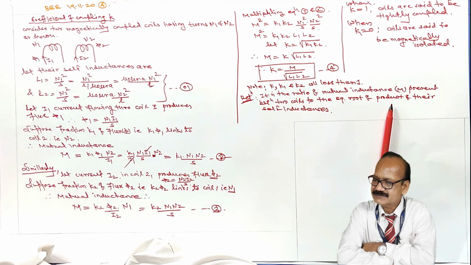And when K equal to 0, coils are magnetically isolated. There is no relation between the two coils. The coils are placed remotely and therefore there is no connection between them, and we can say the coefficient of coupling K equal to 0.